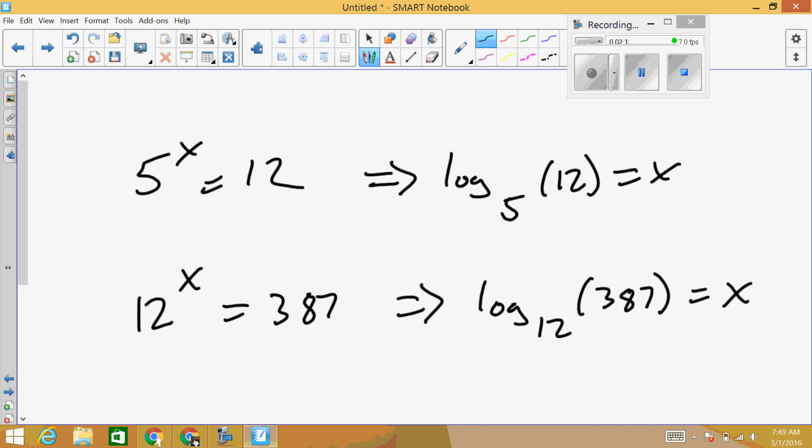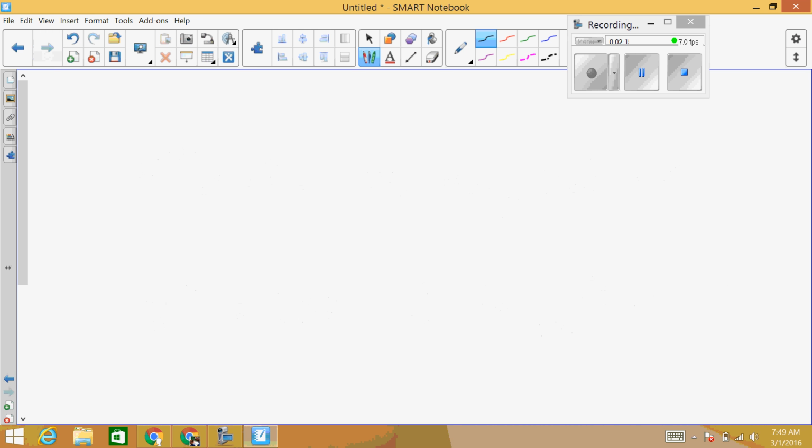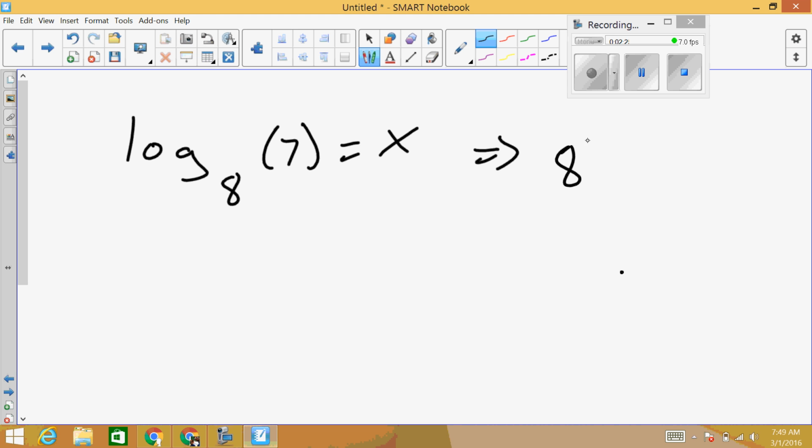Now if we can take an exponential and write it in logarithmic form, we can do the reverse. We can take a logarithm and we can rewrite that in exponential form. 8 was our base to the x, our result, equals 7.